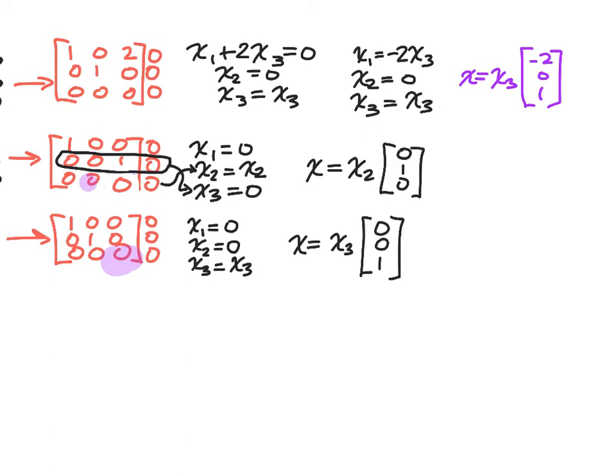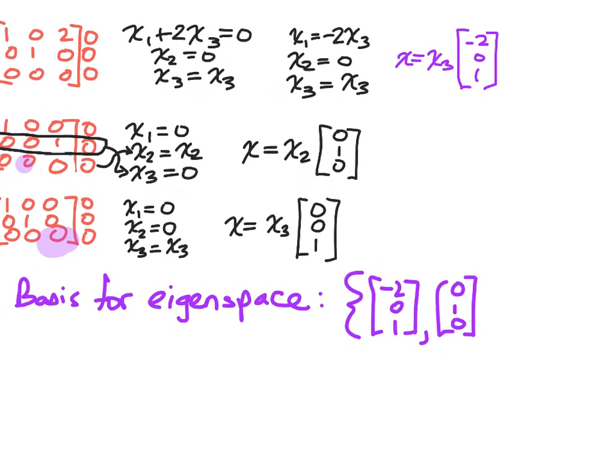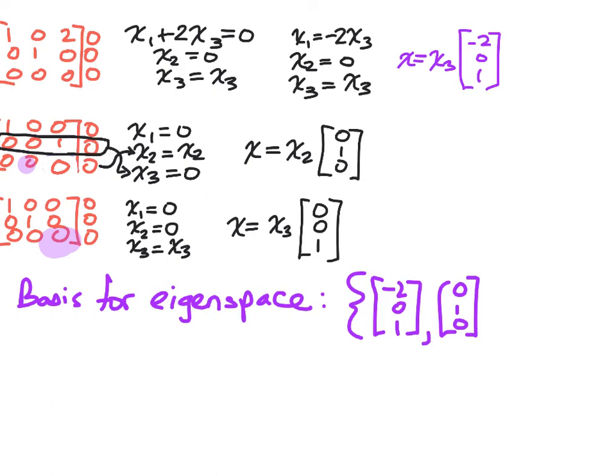So the basis for my eigenspace is -2, 0, 1, 0, 1, 0, and 0, 0, 1.